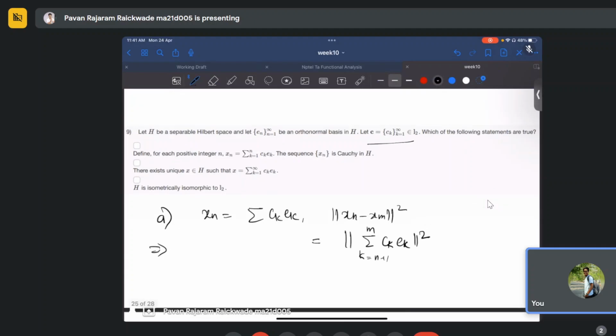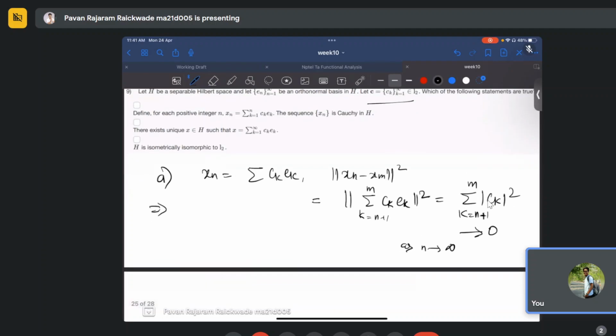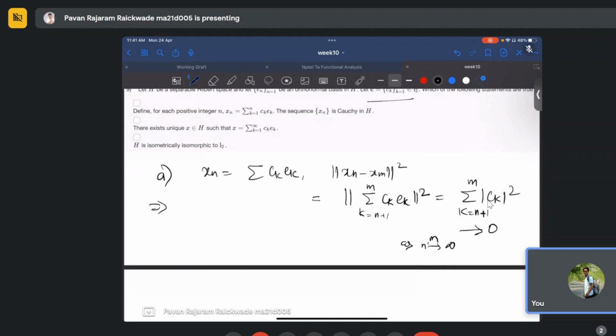Now this is the summation of modulus of c_k squared, k going from n plus 1 to m. Because c is in L2, this is the tail of the sequence of partial sums of c_k, so this has to go to 0 after some point. That means x_n is Cauchy.